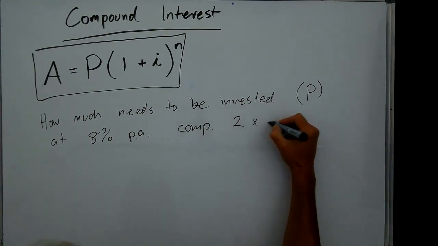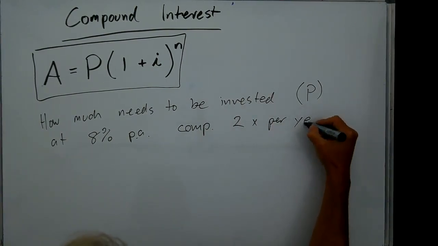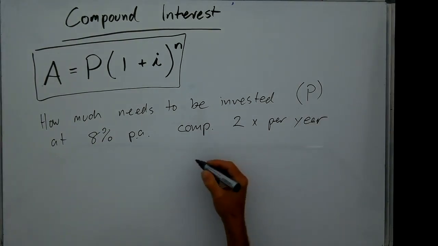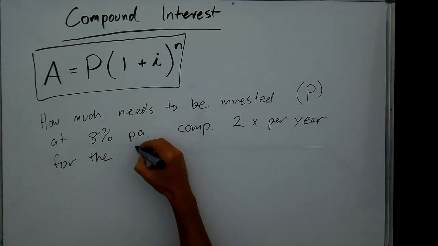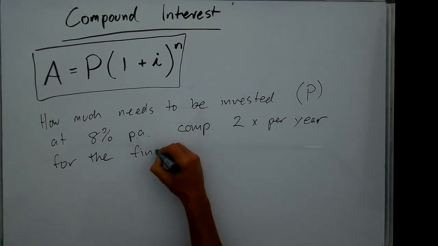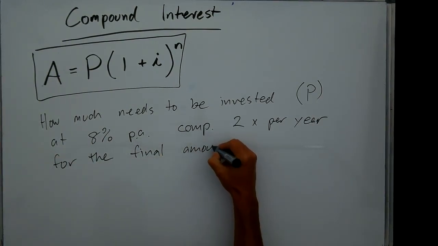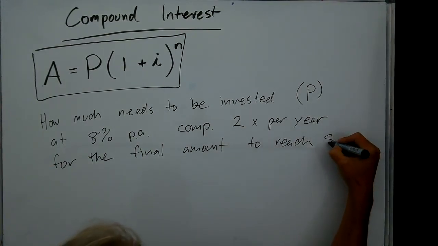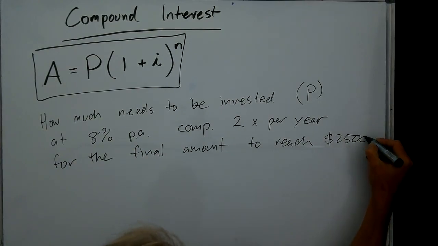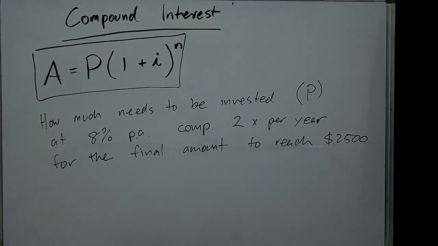So let's just say 2 times per year. For a final amount to reach $2,500.